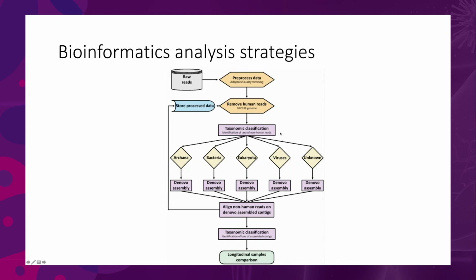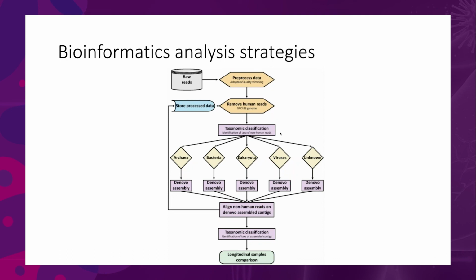The next step, we use taxonomic classification tools and the NCBI database of reference genomes to split our remaining reads into 5 groups, which is basically a supervised binning approach. The reason we do this is to make the de novo assembly process easier.